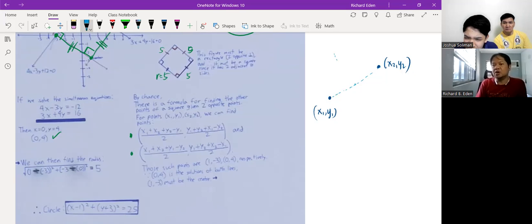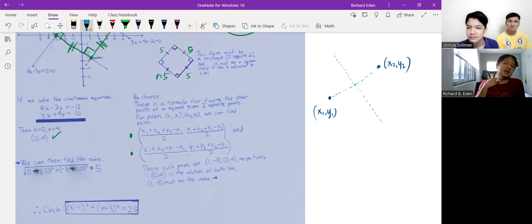Okay, because I know that the other 2 vertices should be on the perpendicular bisector. So dapat nandoon sila. So, pwede tayong mag-analytic geometry dito. Pwede natin kunin yung slope nito.